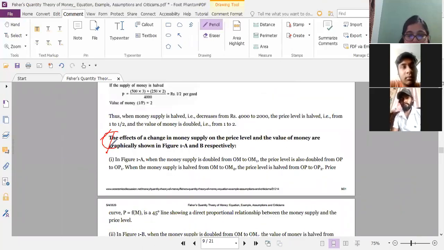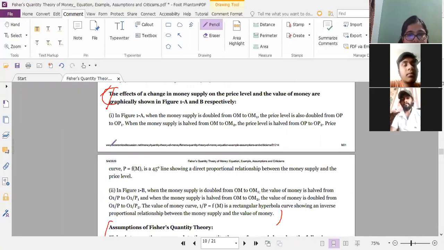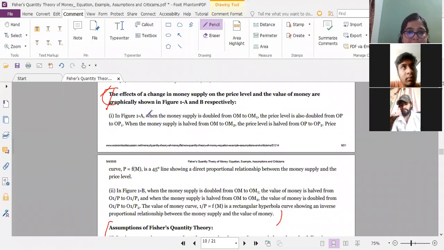Okay, here is the explanation. These 2 points. Okay, in figure 1a, the first figure wherein we were talking about price and money supply, the money supply is doubled from OM to OM1, the price level is also doubled from OP to OP1.